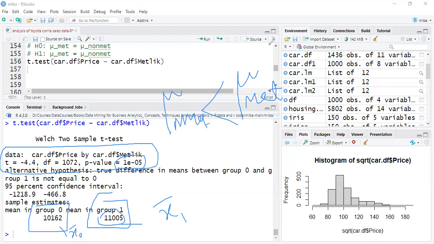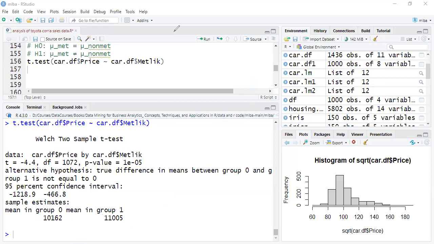So I'm concluding this here, and in this inferential procedure, I implemented comparison of two means by t-test. The command is very simple: t.test, with the price and the metallic car. These two variables I have chosen. Metallic car has two options, metallic and non-metallic, because it is a comparison of two means.